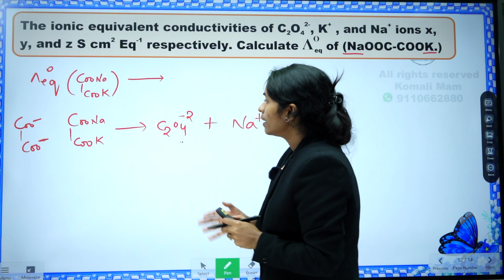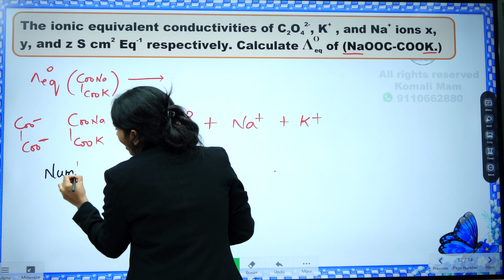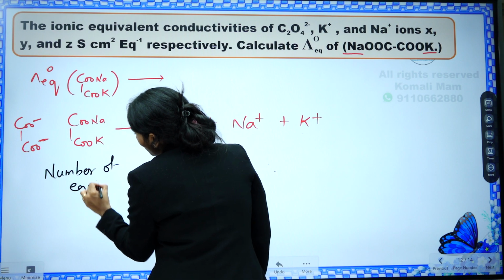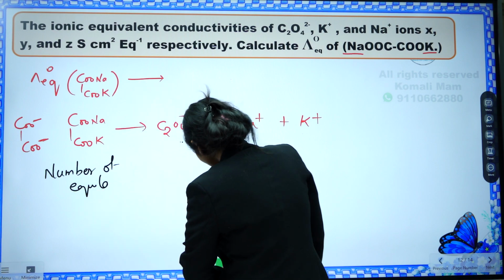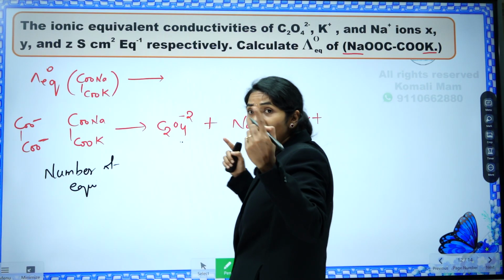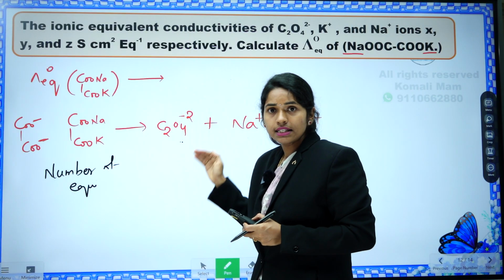But see here, how to find the number of equivalents. This is only for when two different cations or two different anions are present in the salt; only then should you do it in this format.